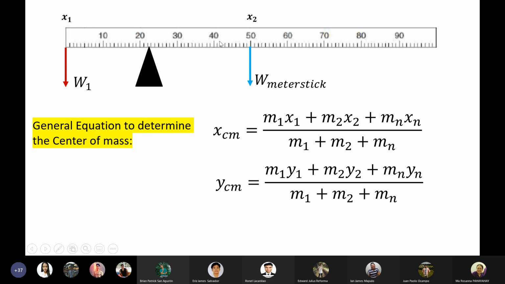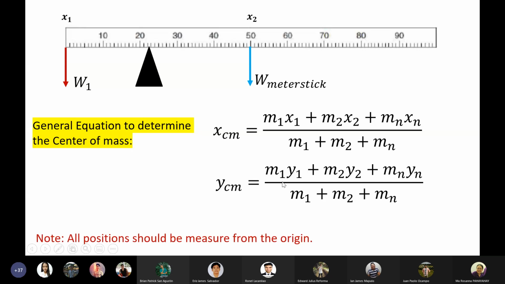Now, if yung meter stick nyo naman nakatayo at may mga nakastick doon na masses, okay, ito naman yung gagamitin nyo, the YCM, in which Y1, Y2, or mas marami pa are the positions on Y divided by their masses. Okay, so this is the general equation for determining the center of mass.